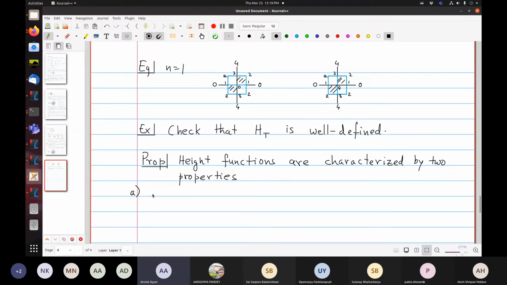One, along the boundary cycle, the height function is h, let's say. Along the boundary cycle, h takes values.